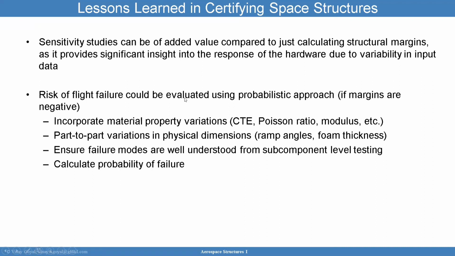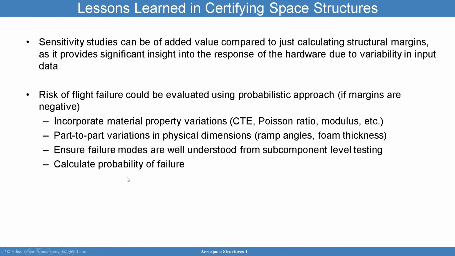The risk of flight failure can be validated using a probabilistic approach if the margin is negative, but you have to really have a good characterization of the part-to-part variations and the material variations like CTE and Poisson ratio. You can ensure the failure modes are well understood from component level testing before you do a probabilistic approach, and then you can calculate the probability of failure.